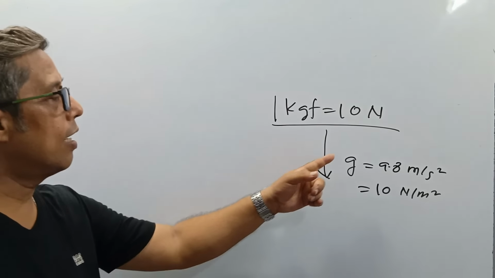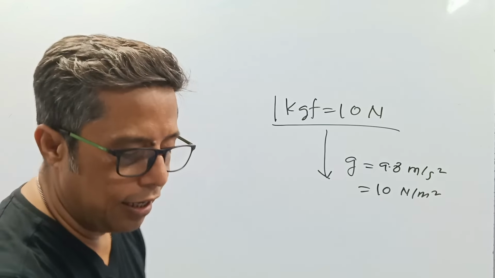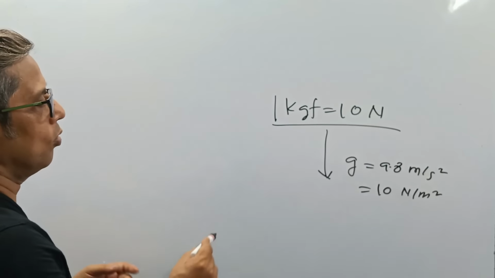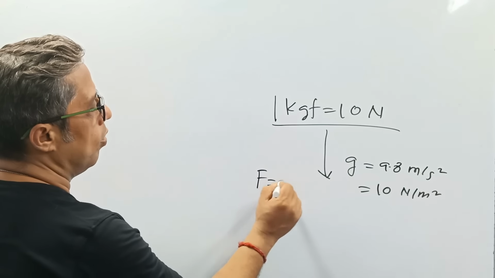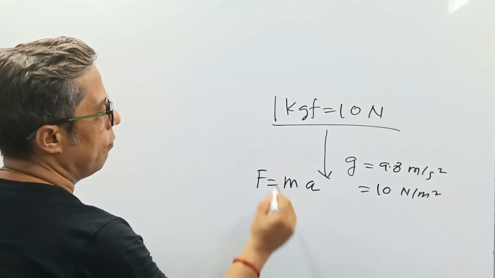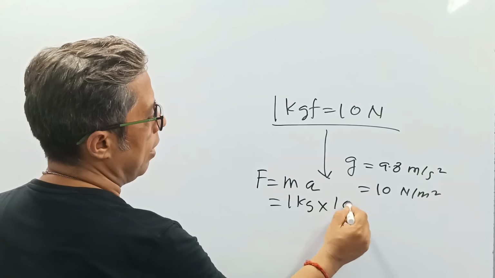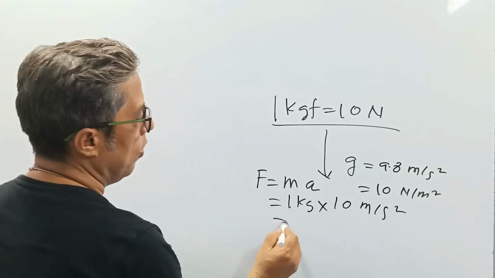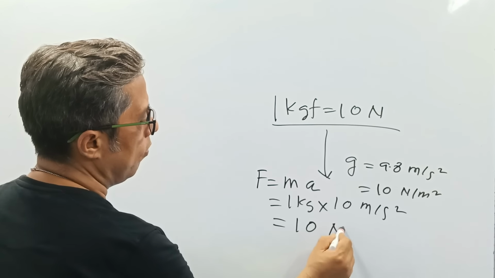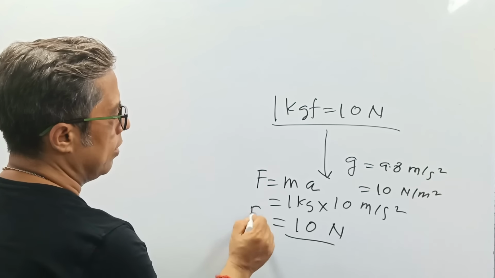When the object is under this amount of acceleration, what will be the force acting on the object? Force is always mass into acceleration. If mass is 1 kg, then 1 kg into, let's say, 10 meter per second square, this is 10 Newton. So force is 10 Newton.